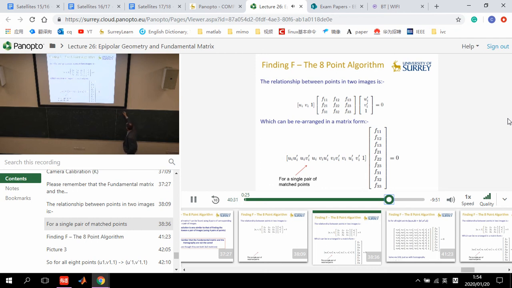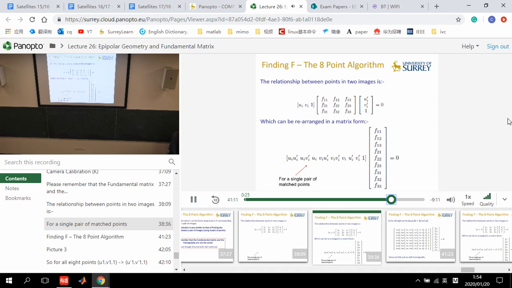Let's do it this way: u lots of f11 u' plus f12 v' plus f13, plus v, and so on. I won't do it all. But you can see the factors on f11 are u times u', the factors on f12 are u times v', and so on. That's why we're writing it this way. Maybe as an exercise, you could write that out in full.